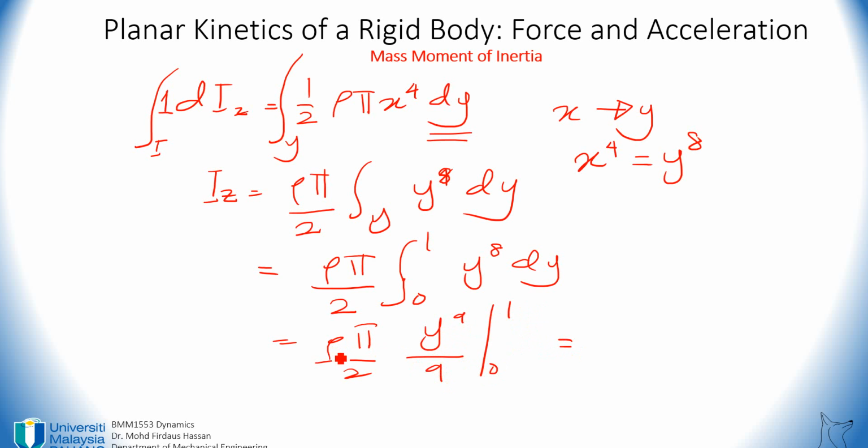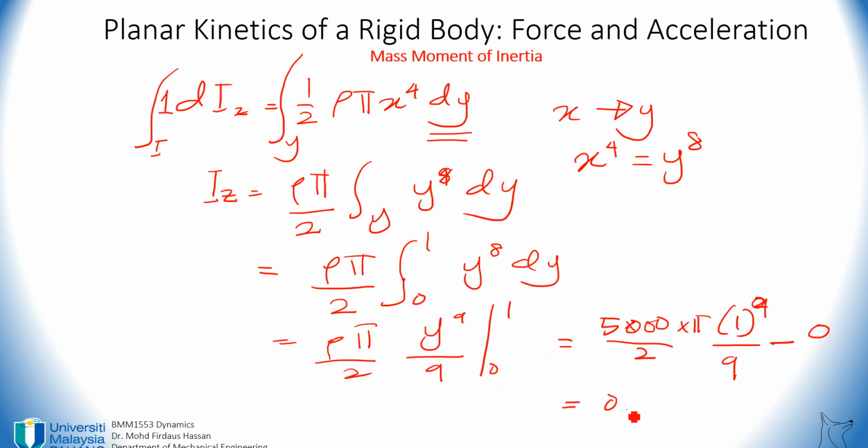You got rho there, 5 megagram per meter cube, so per 1000, 5000, because you need the value in kilogram per meter cube, times 5 divided by 2. Then you put the value of y: 1 to the power of 9 divided by 9, and when y is 0, the other term is 0.